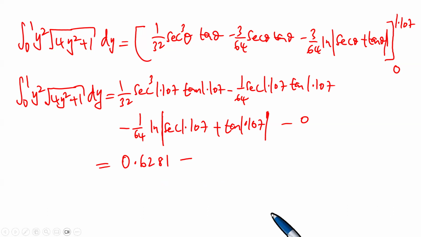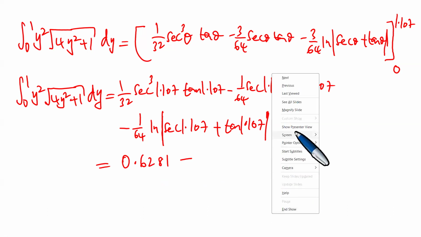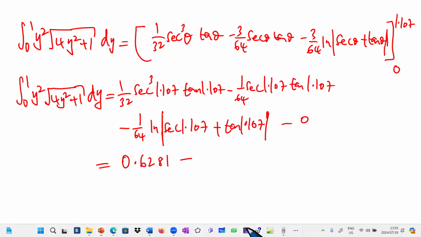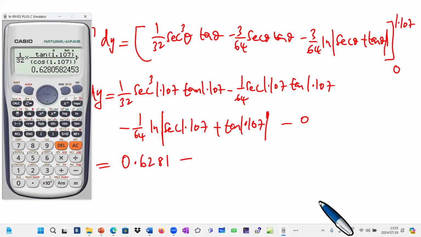Right, so let us use our calculator again to enter this one here. 0.6281, and then this one is going to be exactly 1 out of 64, and then you multiply by the secant.